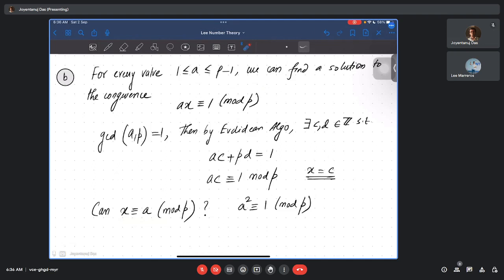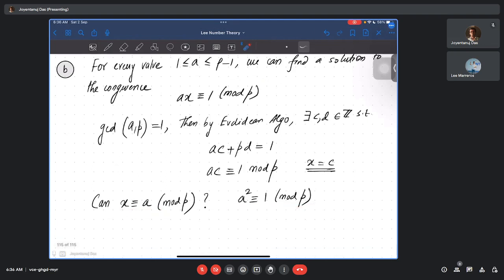So when will that happen? That will happen if a squared is 1 mod p. So what I'm saying is, x equals a will be a solution if and only if a squared is congruent to 1 mod p.